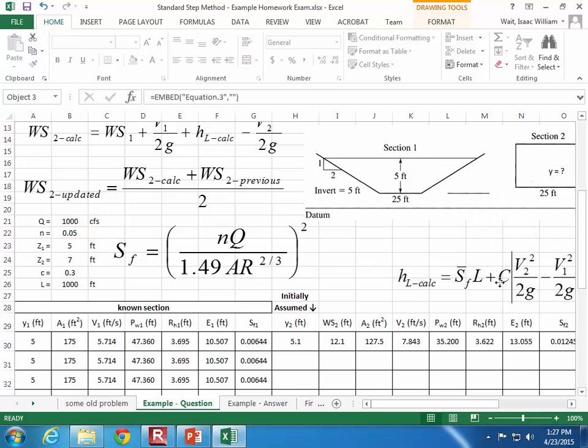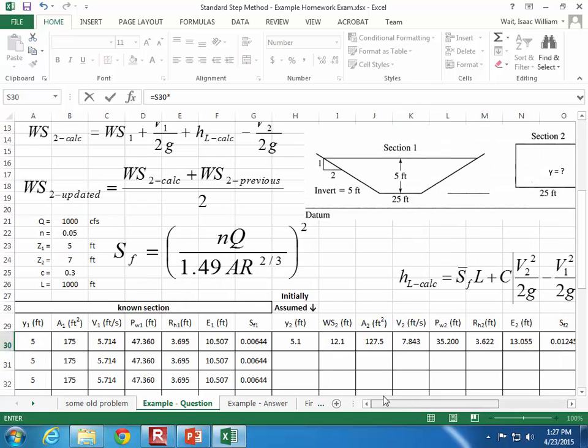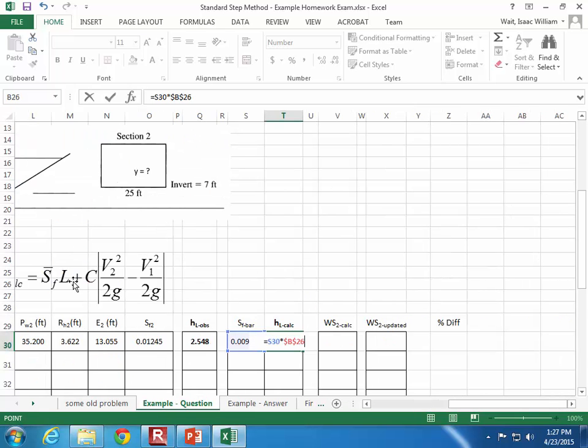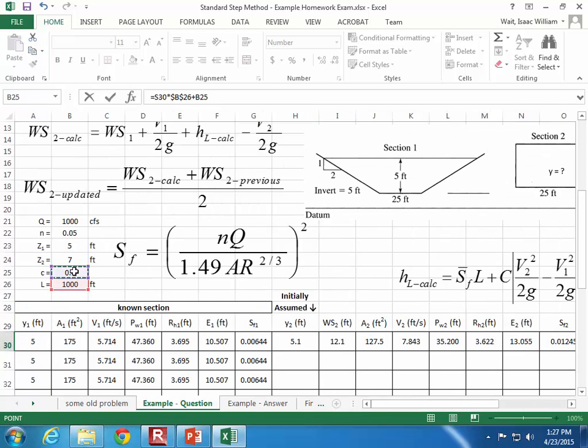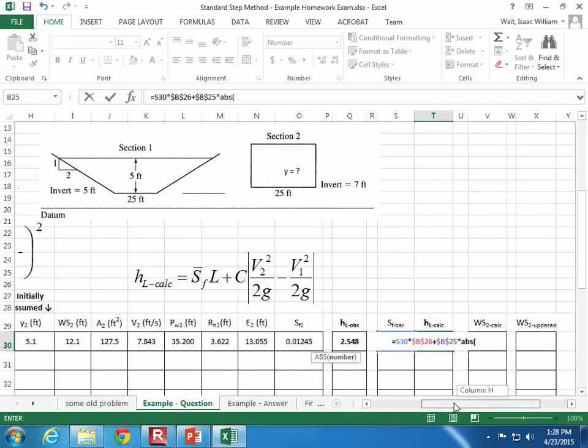Okay, so that calculated head loss is this average slope of the energy grade line times L, which is 1,000 feet. I need to anchor that. Plus the C value, anchor that as well. And now times the absolute value of the velocity head at 2.